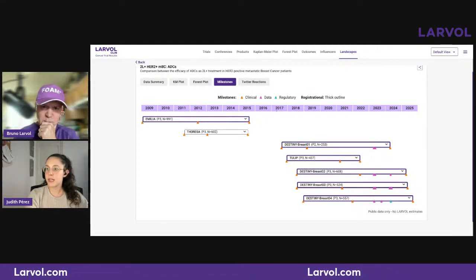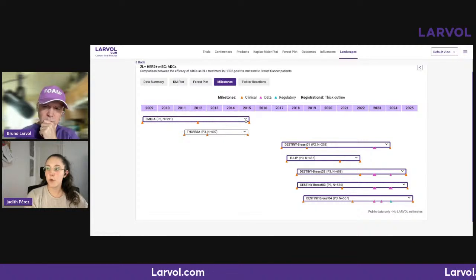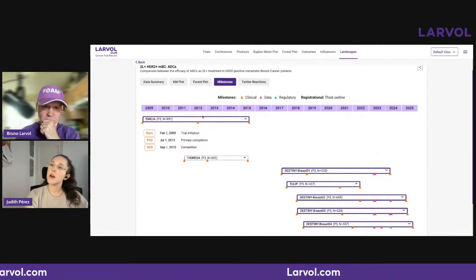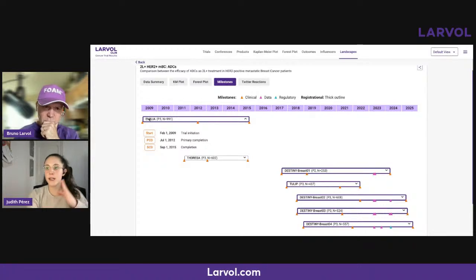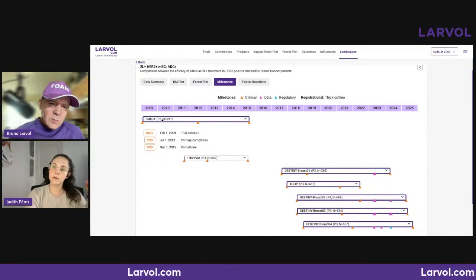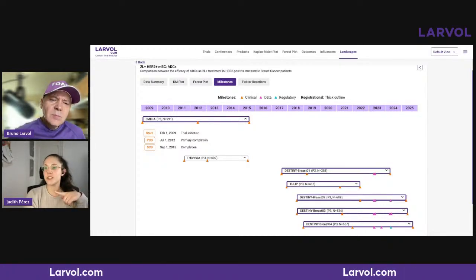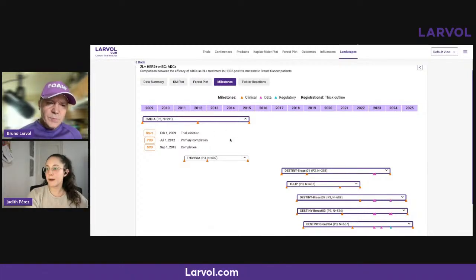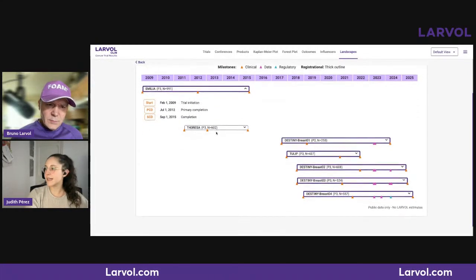And even if the trial was registrational, we have this big outline. If we click on this dropdown, we can see for the Emilia trial, which started in 2009 and finished in 2015, the different milestones that were compiled by CLIN.